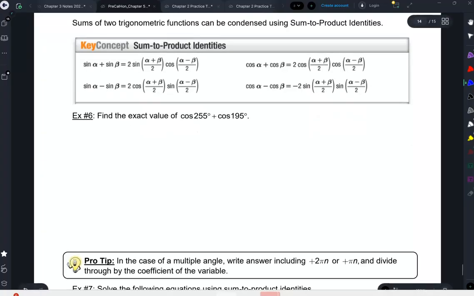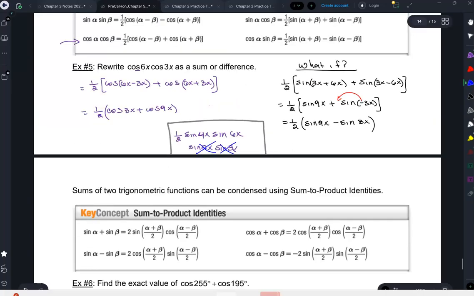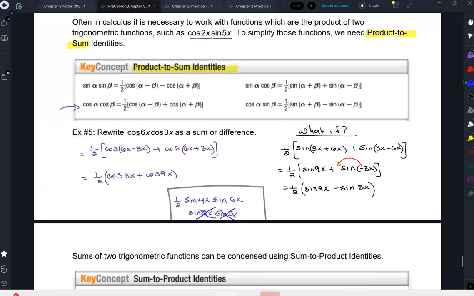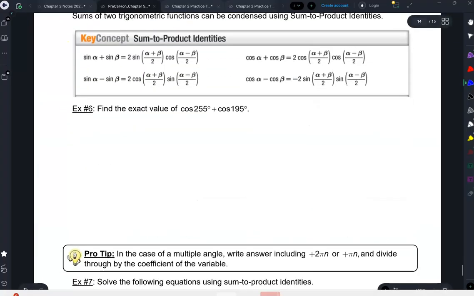Okay, let's do more. So here, we went product to sum. But you can also go sum to product. Sometimes, but then there's also equations with them.